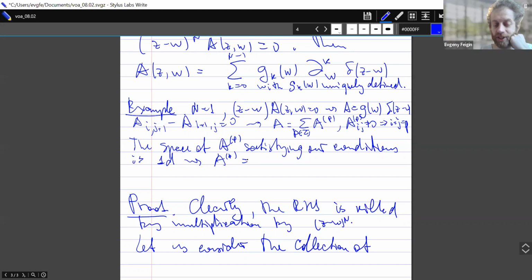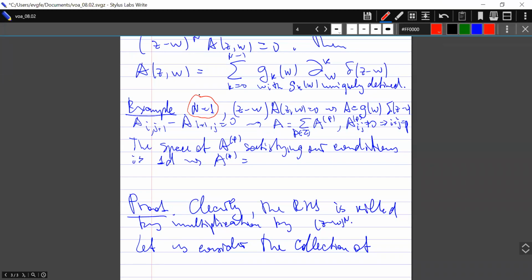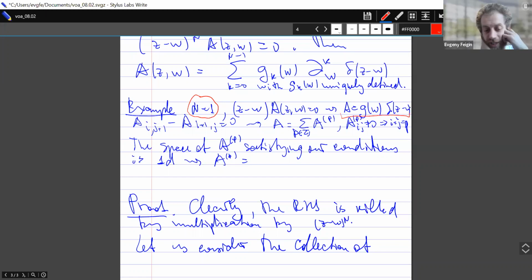No, but you see, this is not what we want, because our capital N is 1. So our sum should range from k equals 0 to 0. So it seems to me that for n equal to one, we need just G of W. Well, if p is greater than one, then it will be 0.